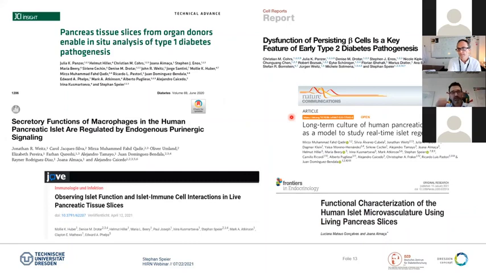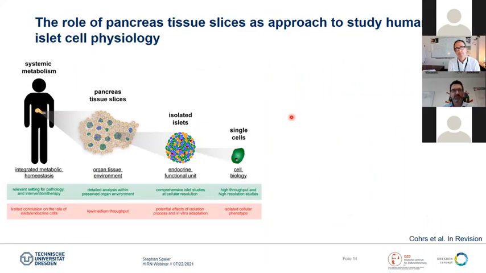But of course, at the end, also in light of the upcoming discussion, I would like to put into context where we are and what we can do with slices. How do we have to see this relatively new platform when we look at human eyelid cell physiology? That's why we have this title, Bridging the Gap, because just from a physiological point of view, if we look at the tissues, the slices are in between what we were using up to date in terms of isolated islets and going to the systemic metabolism.